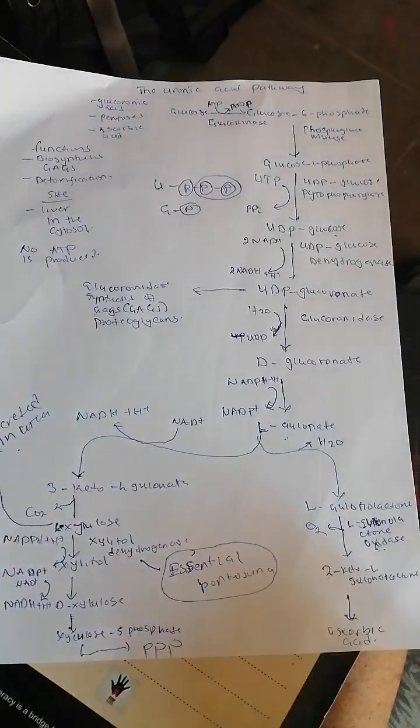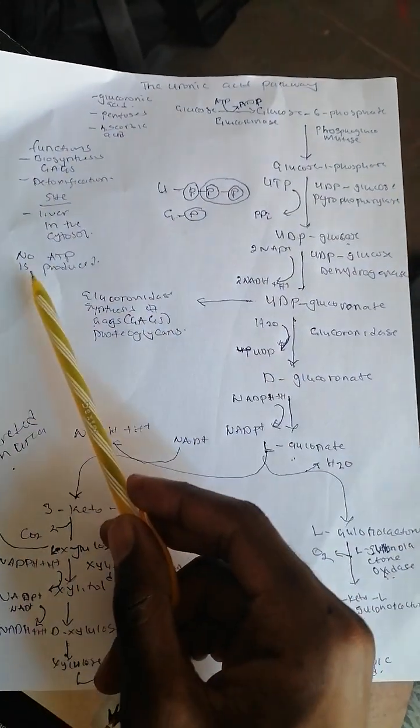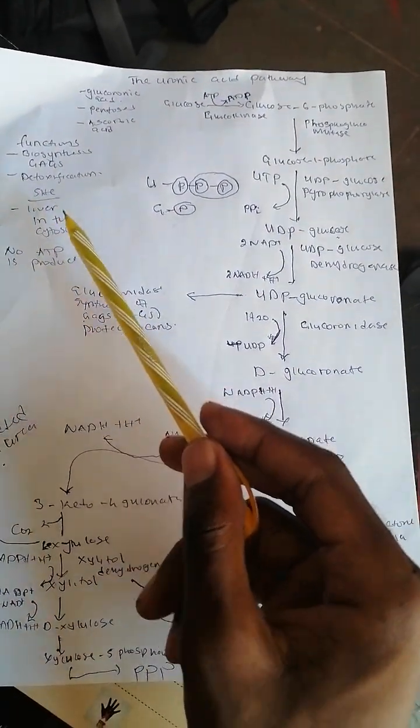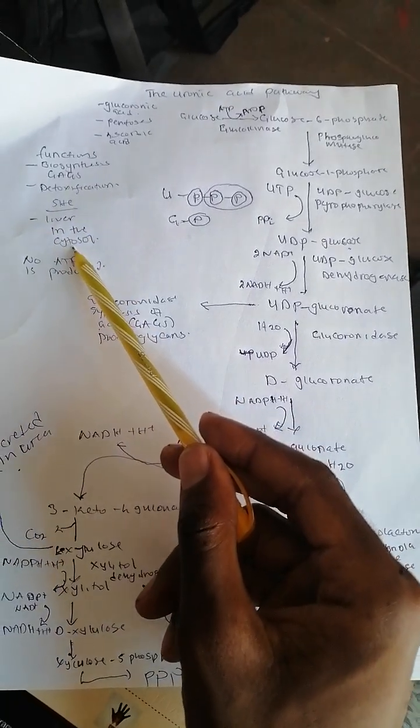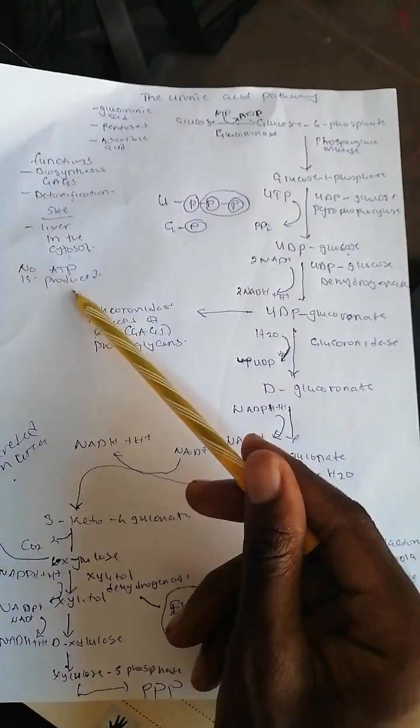But just before that, let's have a recap. We said that in the beginning, the uronic acid pathway takes place in the liver, specifically the cytosol, and no ATP is produced in this pathway.